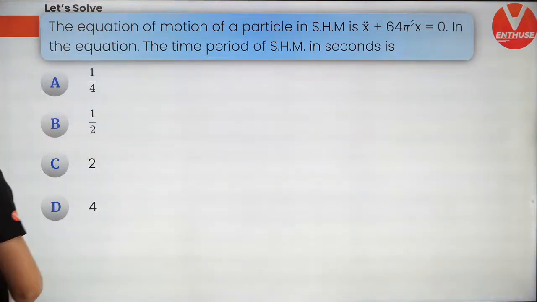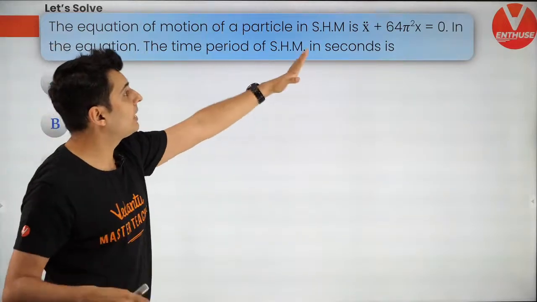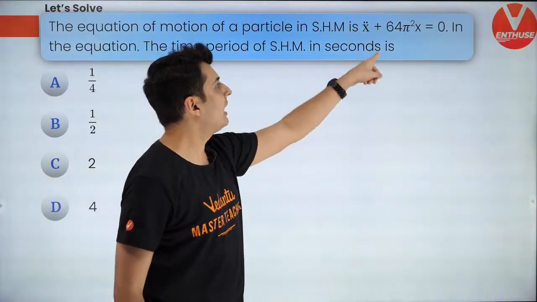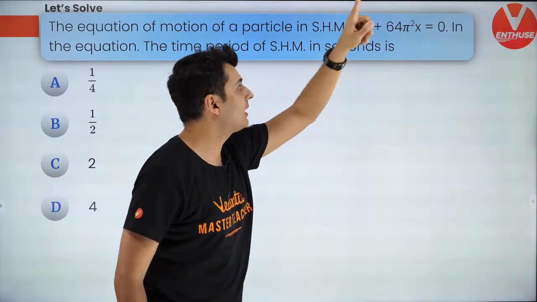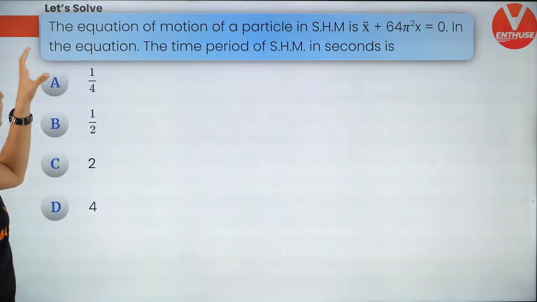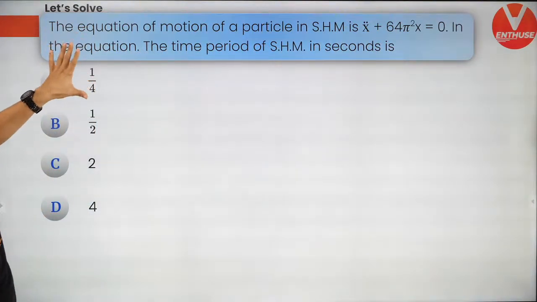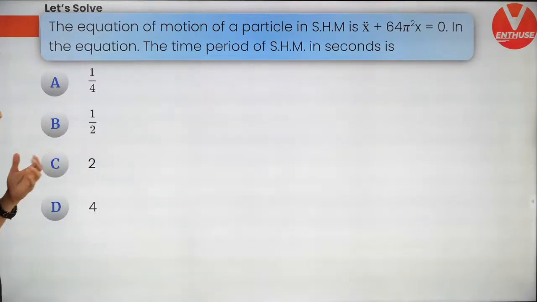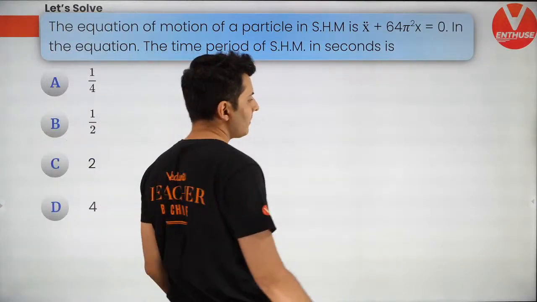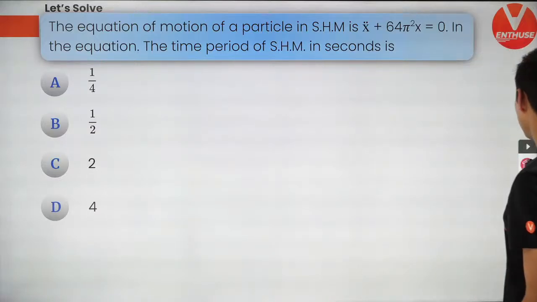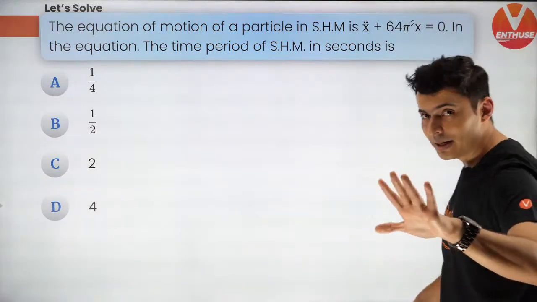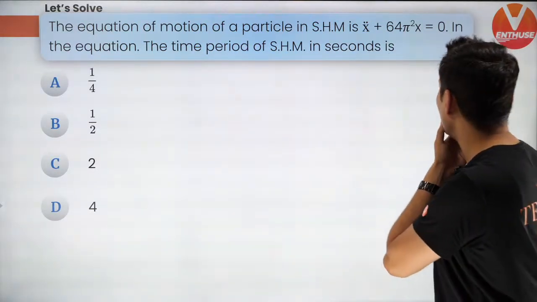So the question is: the differential equation of motion of a particle is given, x double dot plus 64 pi square x is equal to 0. Find the time period of SHM in seconds. How do we do that? If you want to start solving, you can start doing it, but I'm going to solve it for all the people who are stuck. Don't worry, I'm going to solve it for you.